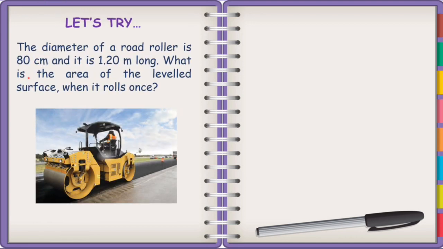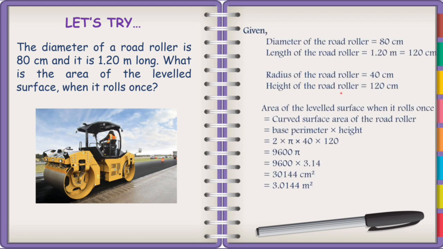Next problem. The diameter of a road roller is 80 centimeter and it is 1.20 meter long. What is the area of the leveled surface when it rolls once? Here, it is given that the diameter of the road roller is equal to 80 centimeter and the length of the road roller is equal to 1.20 meter, which is equal to 120 centimeter.